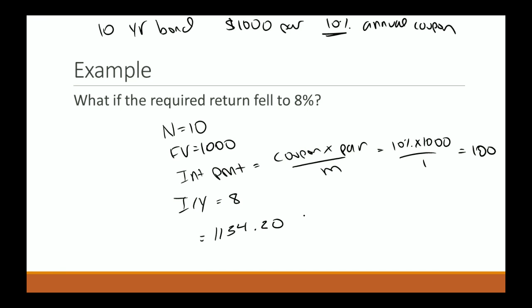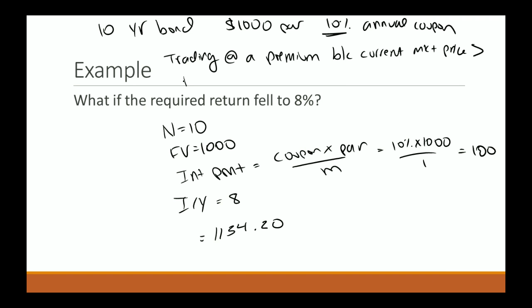So we say that this bond is trading at a premium. It is trading at a premium because current market price is greater than the par value.